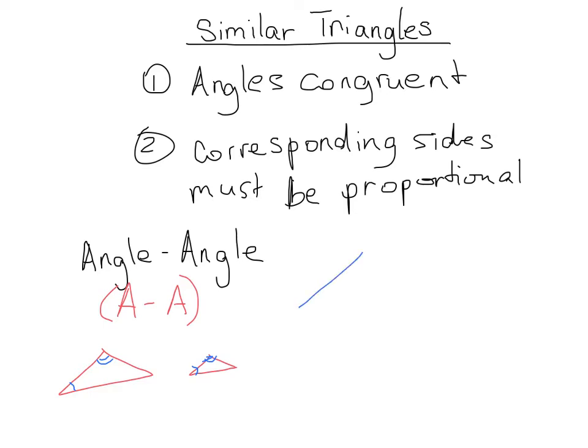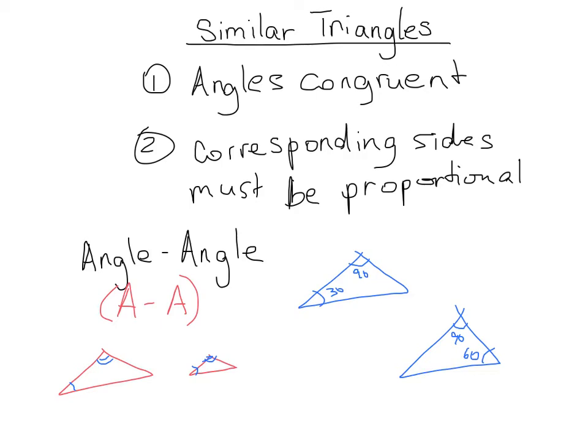So I could give you a little bit of information. I could tell you that this is 30, this is 90, this is 90, and this is 60. And then I could say to you, do you know whether or not these two triangles are similar?